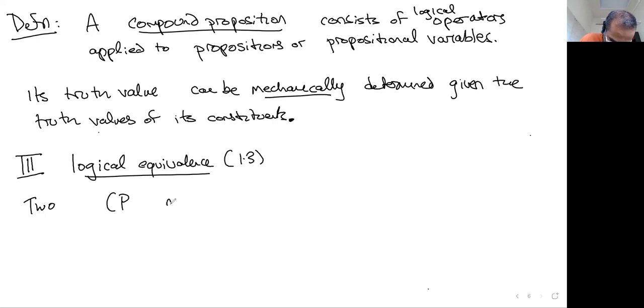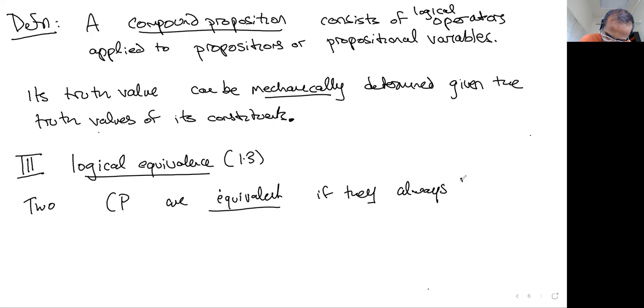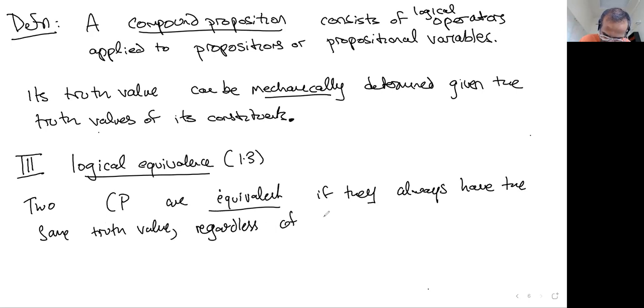Two compound propositions are equivalent if they always have the same truth value regardless of the truth values of the propositional variables.